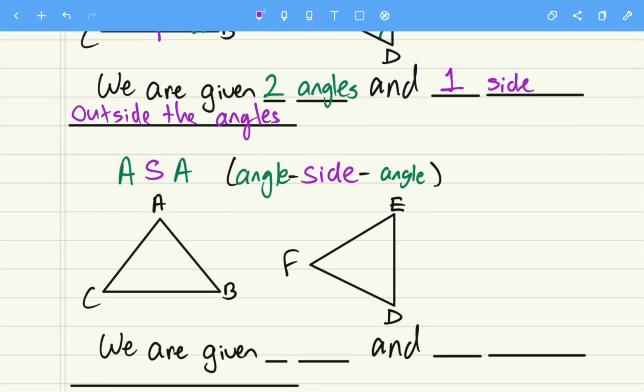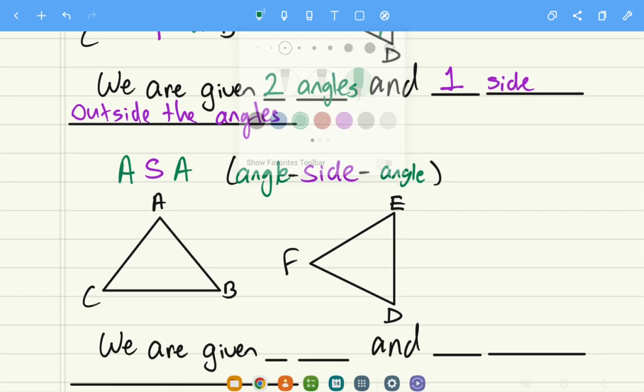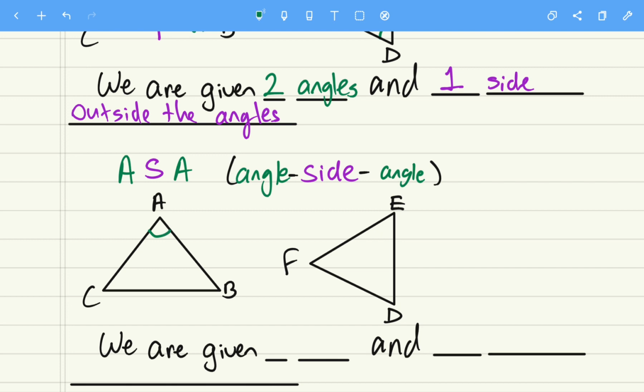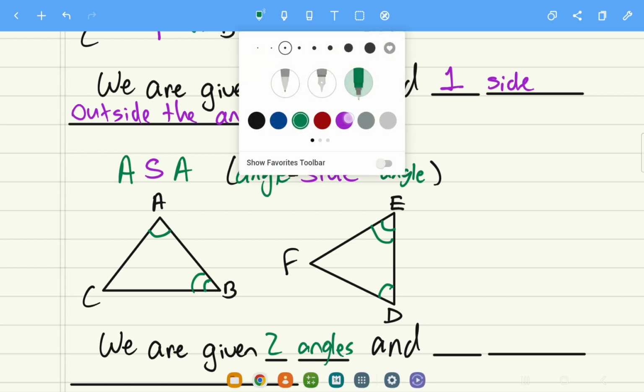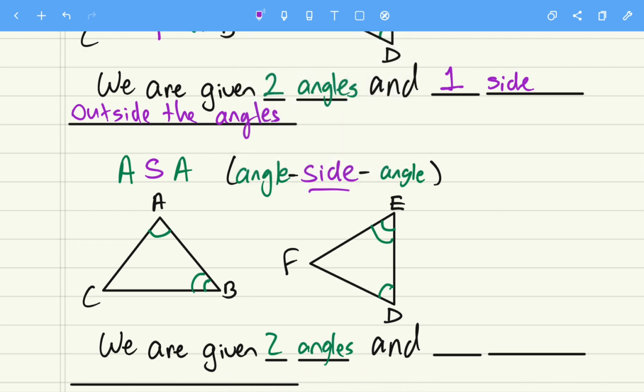Unlike the next one, which is angle side angle. So we are still given two angles. But this time, the side we are given is in between the two angles.